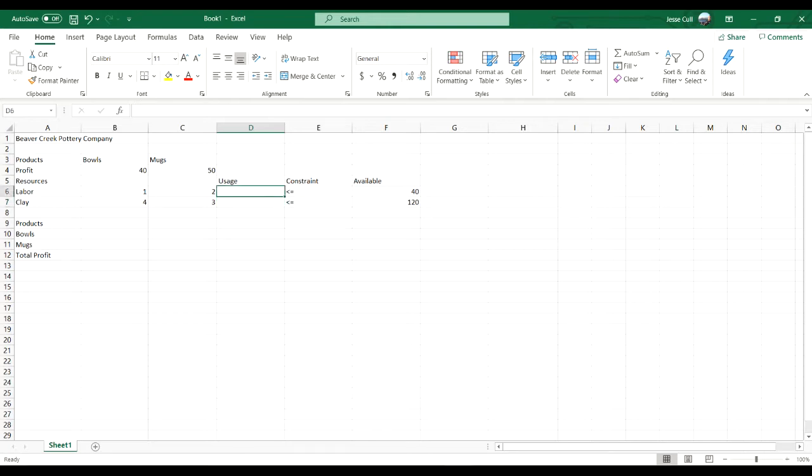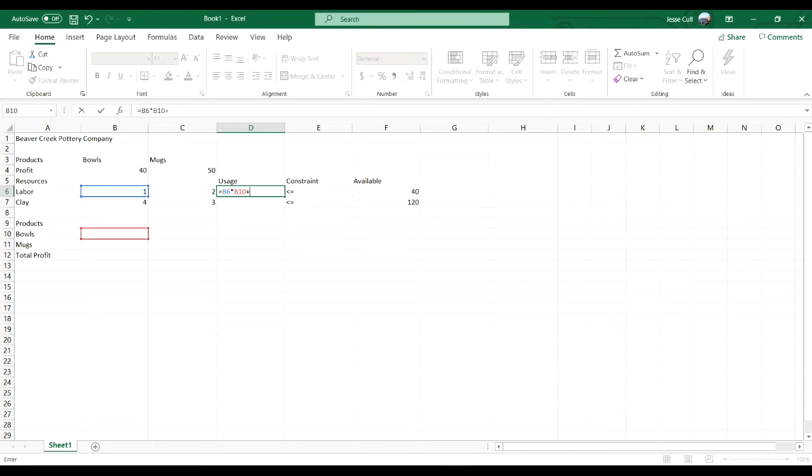So we begin with an equal sign, as always in Excel. And to determine how many we use, we have to know how much labor goes into 1 bowl times the total of bowls, how much labor goes into 1 mug times the number of mugs we'll produce. That's the total labor we're going to use for bowls.